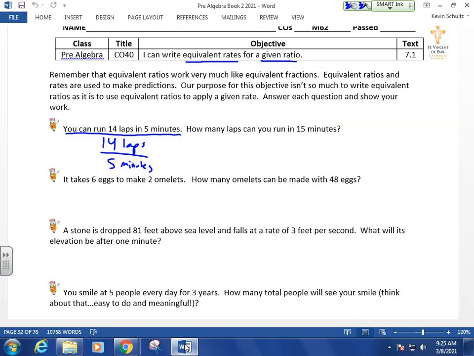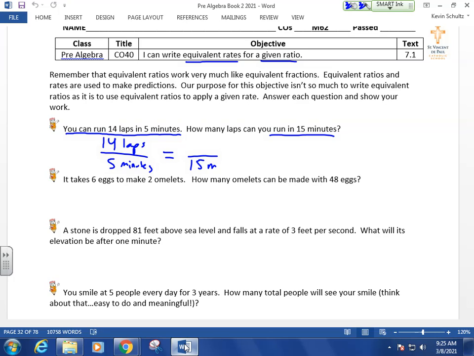So our question here, how many laps can you run in 15 minutes? What do you think? How can we answer that question using the rate that we have here, Aiden? Multiply 14 by 3, because 5 times 3 is 15. Sure.